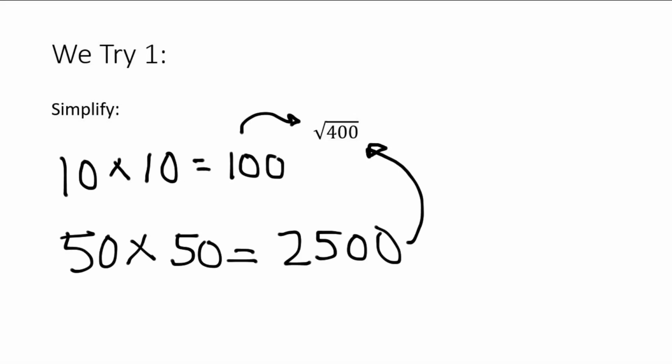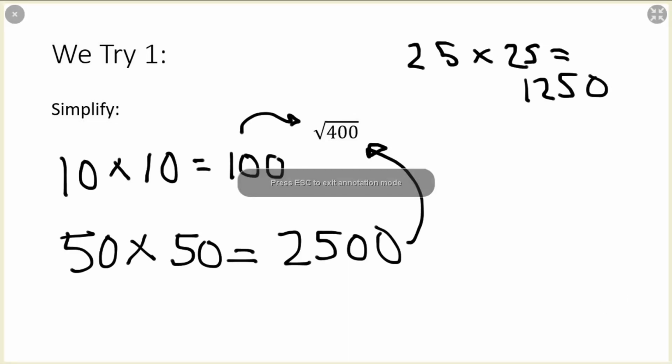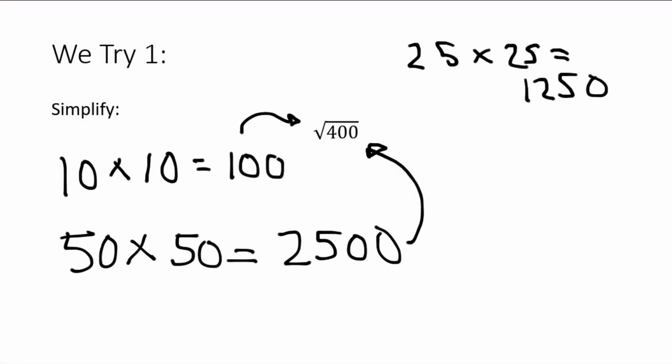So let's try 25. 25 times 25? That'll be 1,250. Okay, we're getting closer. We've really cut it down. Oh no, I multiplied that wrong. It's not 1,250. It's 625. Okay, let's try 18. 18 squared is 324.